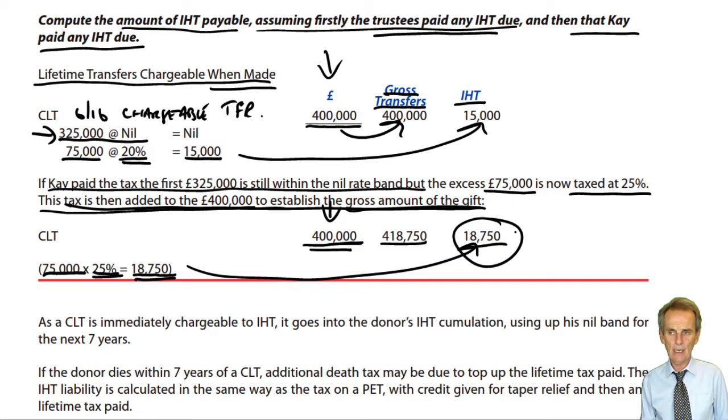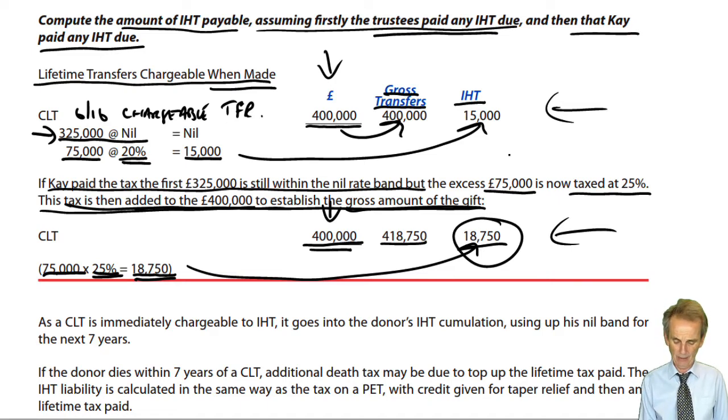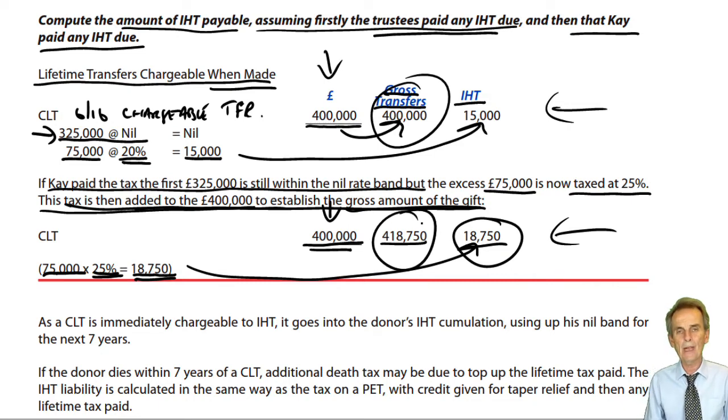But if we're dealing with a Section B problem that takes you from what are the lifetime transfers chargeable when made, these CLTs, and how much tax was payable, here you needed to know, was it a gross transfer, was it a net transfer? And you need to establish the gross amount of such transfers, either 400 or now in this case 418,750. Because what may then happen is that you've also got to compute the IHT that is payable on the death of the taxpayer.